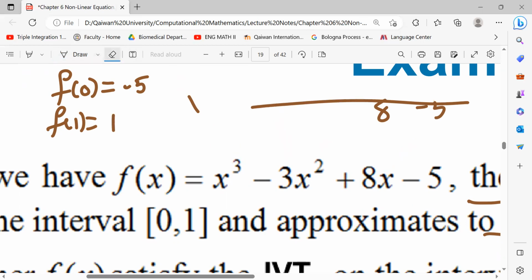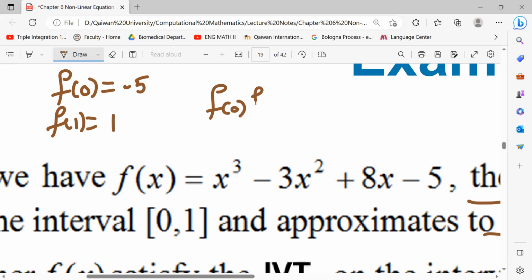Now, f of 0 times f of 1 is negative 5 times 1, which is negative 5. Is it less than 0? Yes. So it satisfies the intermediate value theorem. That means we have a solution for f of x on the interval 0 to 1. Now, we apply the bisection method.